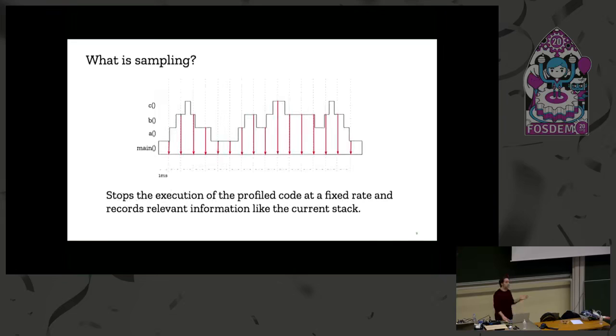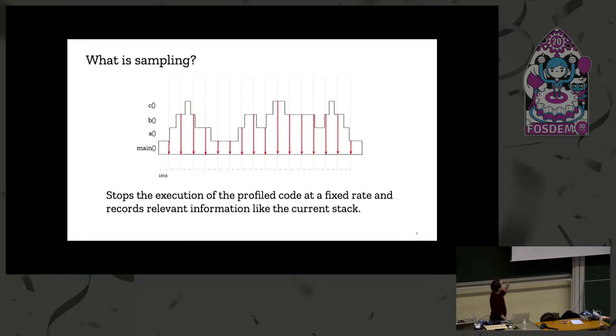So what is sampling then? The profiler stops the execution of the program at a fixed rate, for example, 1 millisecond, and records the relevant data. For example, that can be the current stack. It records the data and resumes the program later.